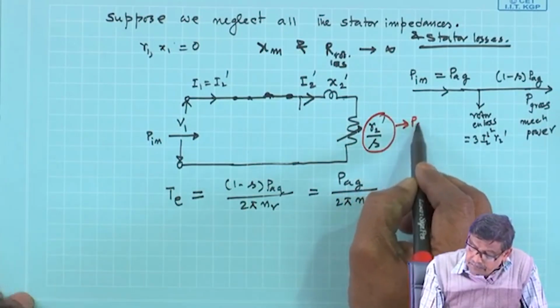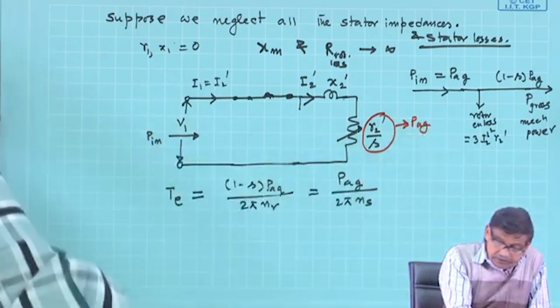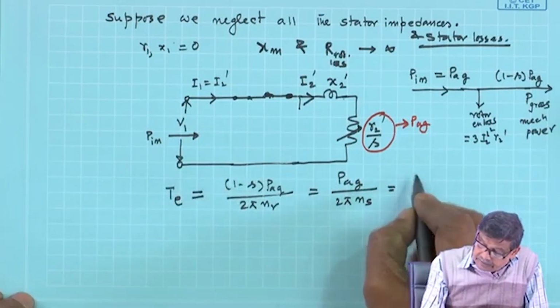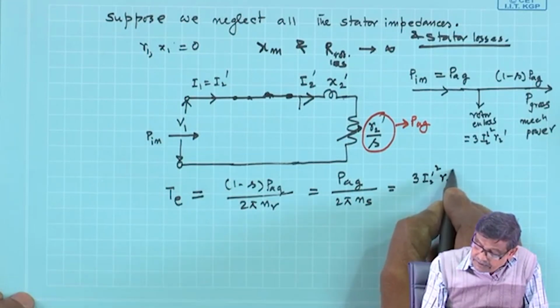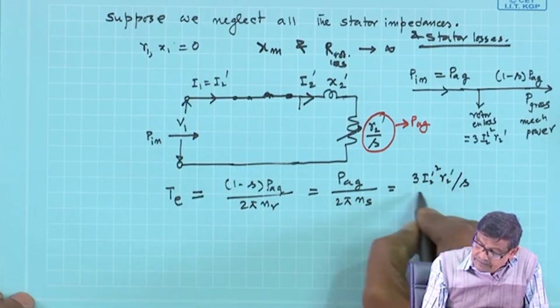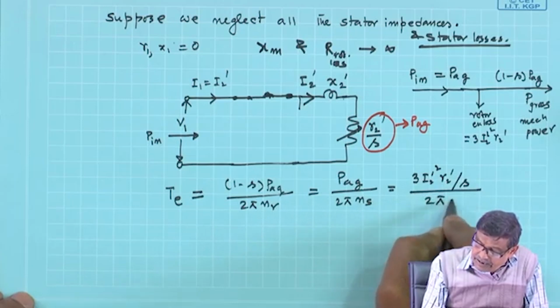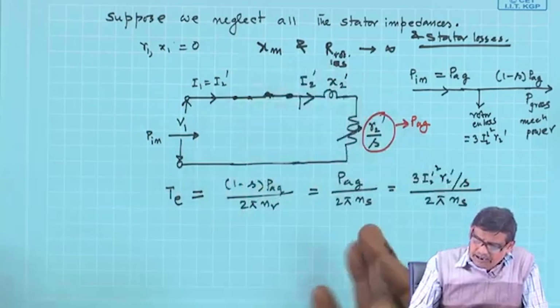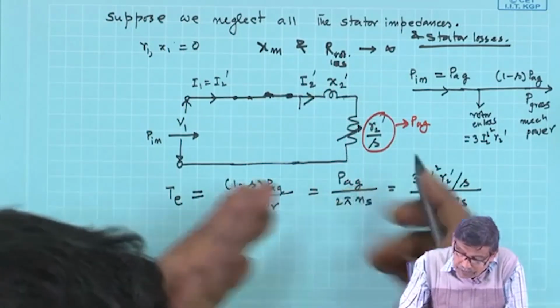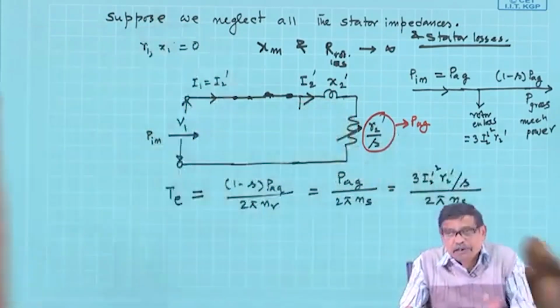This is PAG. So, this will be 3 I2 dashed squared R2 dashed by S, divided by 2 pi n s. I could write straight away for any machine's equivalent circuit, the torque developed is the power here divided by 2 pi n s.